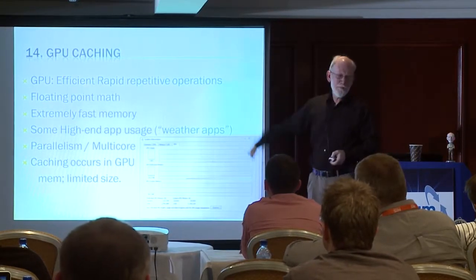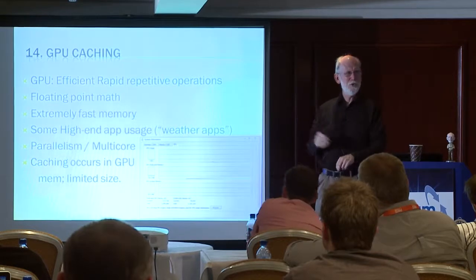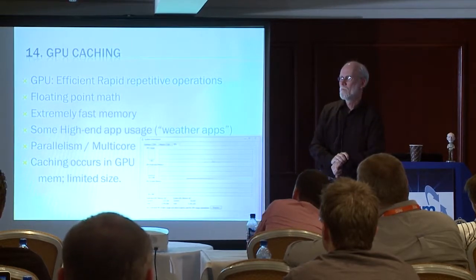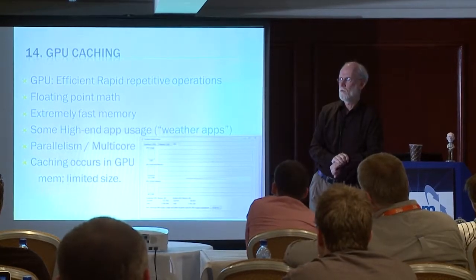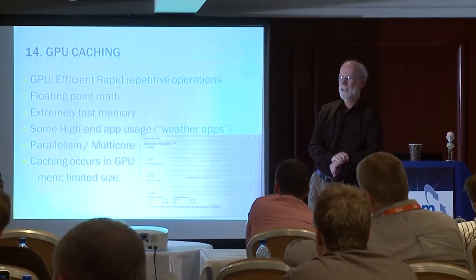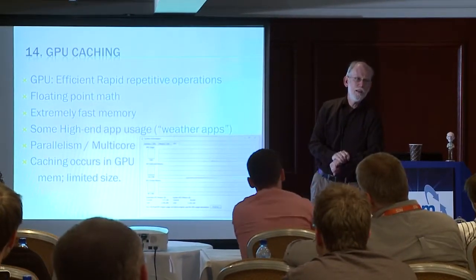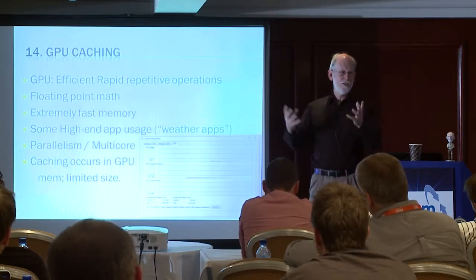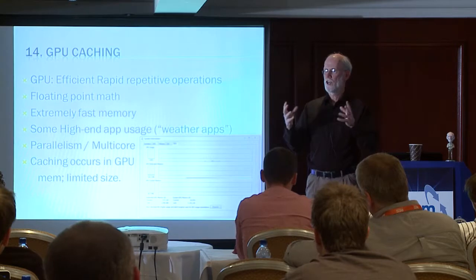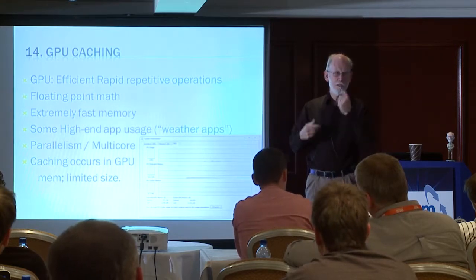All right, GPU caching. This is a new, kind of cool area that I'm really interested in. GPUs are extremely powerful processors in a different way from a CPU. A CPU is designed to run a set of instructions from a wide set of instructions very fast and efficiently.